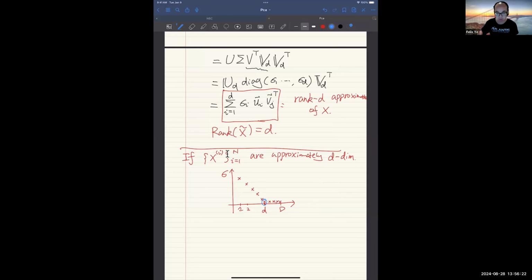So we can tell from the singular value plot that in this case X is close to a rank small d matrix.